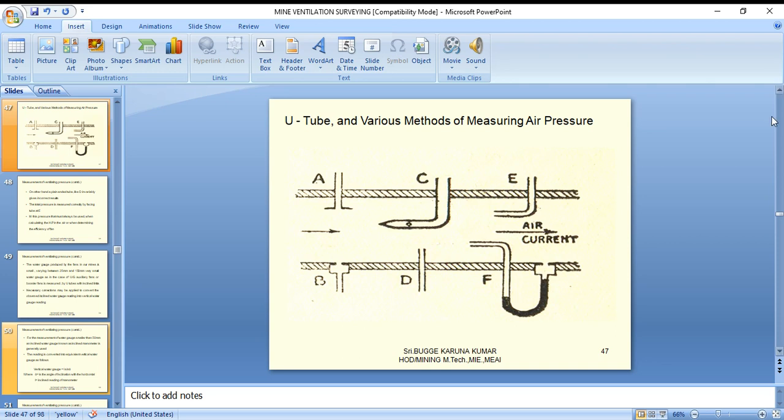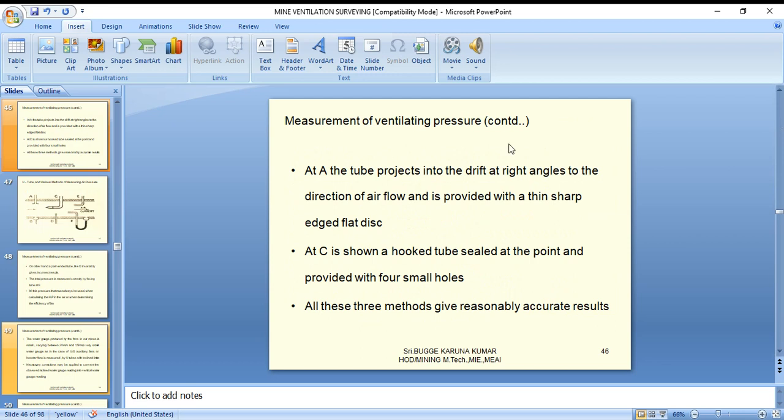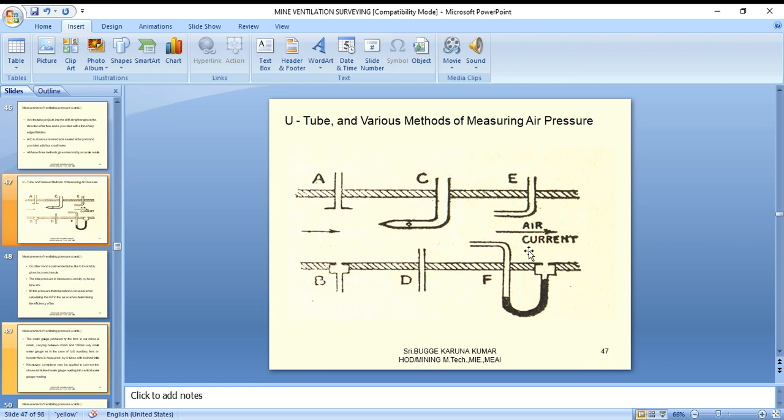What is A, what is B, what is given here? At A, the tube projects into the drift at right angle to the direction of airflow and is provided with a thin sharp-edged flat disc. At C is shown a hooked tube sealed at the point and provided with four small holes. All these three methods give reasonably accurate results.